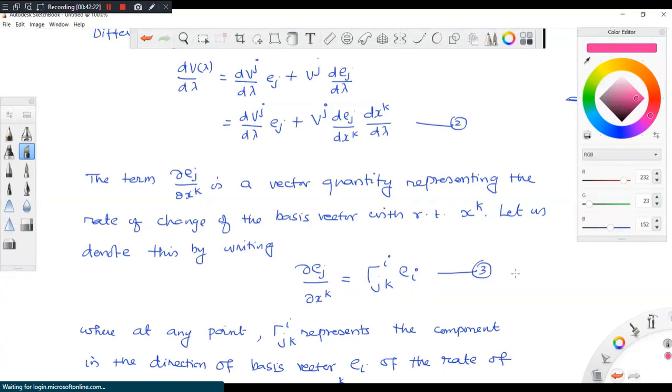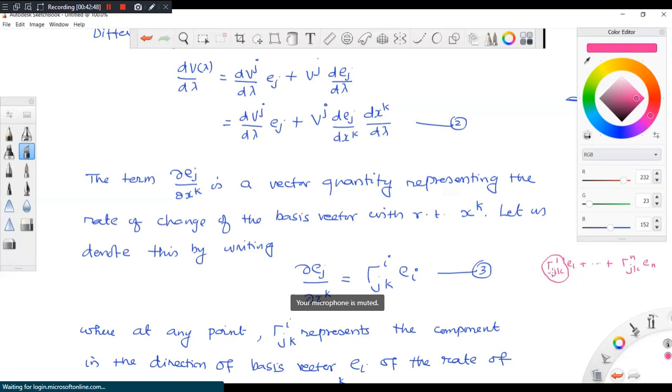I represent that as gamma 1jk E1 plus etc. plus gamma njk En.